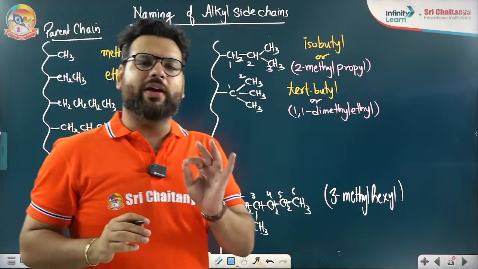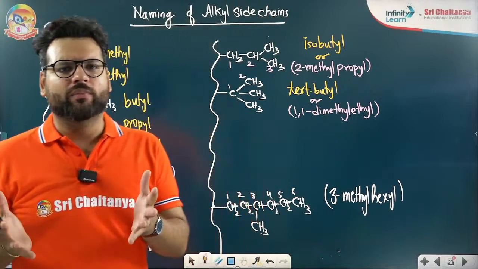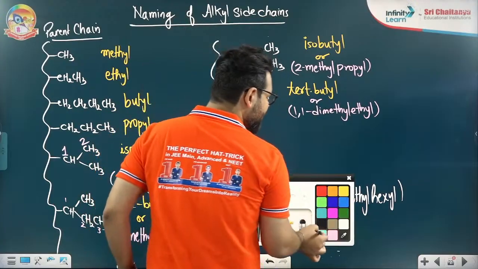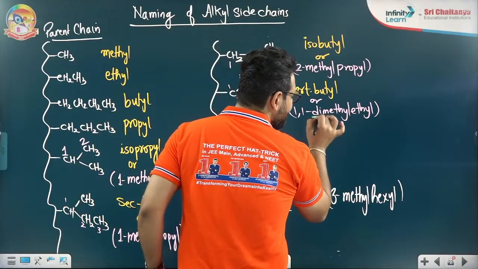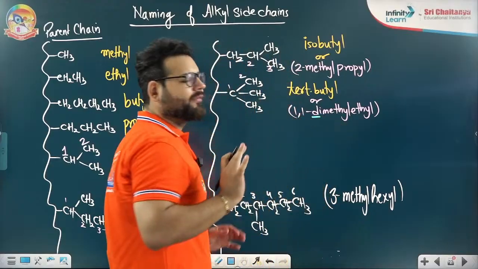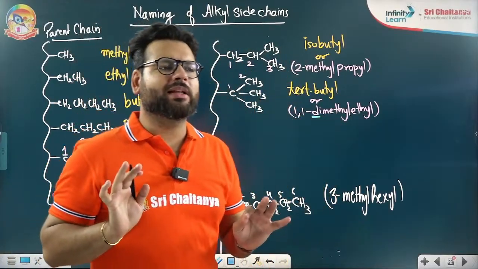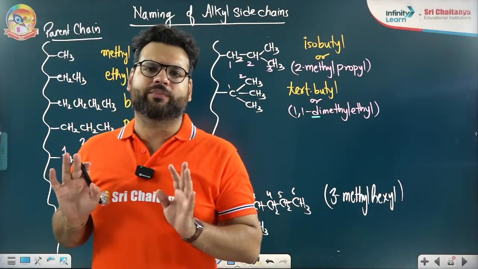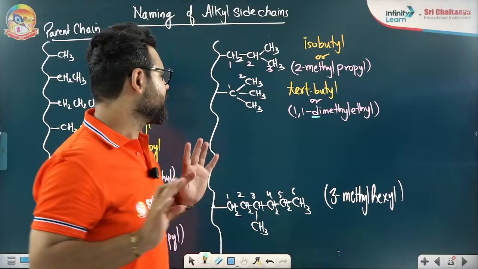Beta, whenever you do bracket type of naming, whatever the first letter of the bracket name is, that will be considered in alphabetical preference. Dimethyl ethyl does not start with M, it starts with D only.